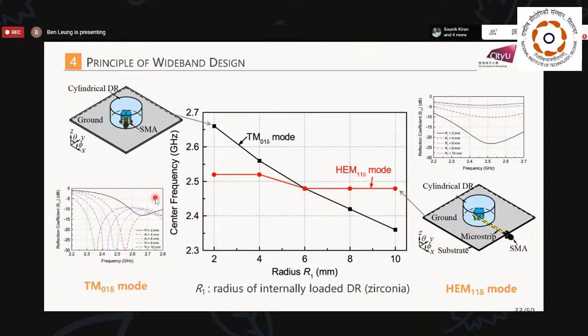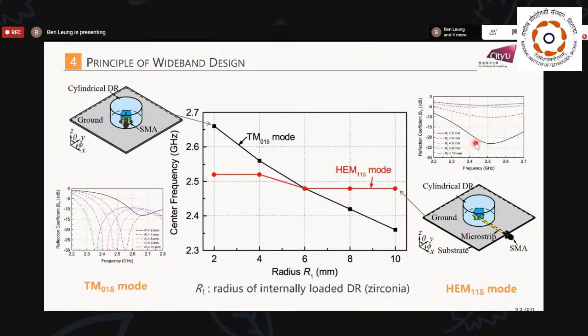Okay, we can look at this. Now R1 is the radius of the internally loaded DR, which is zirconia. If we change the radius of this zirconia, we can see that the frequency will shift to the lower side. That means the larger the zirconia, the smaller the frequency, which is expected.